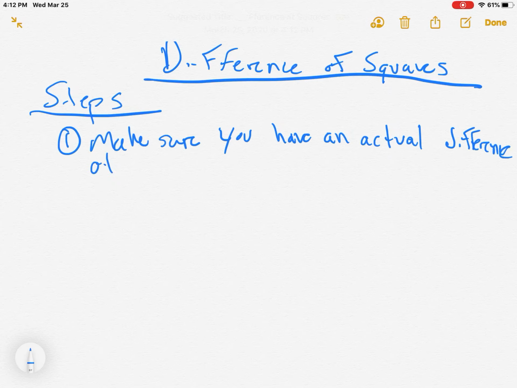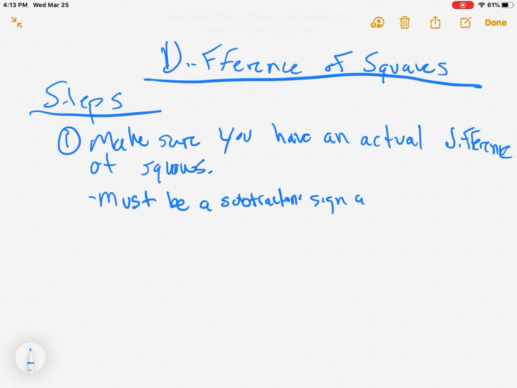There must be a subtraction sign, and you can square root both terms. Simple, piece of cake.